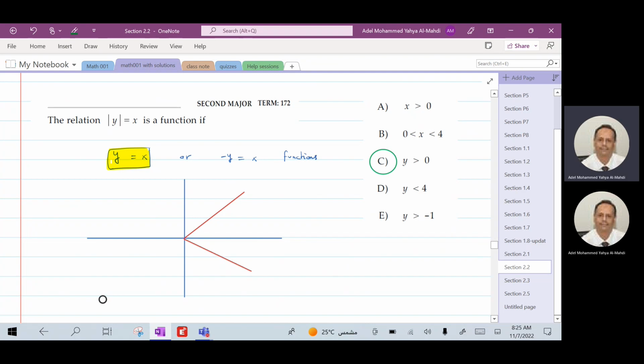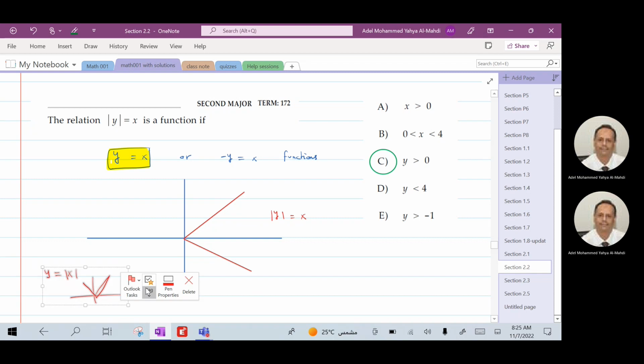So this is |y| = x. And you know that the other one, if you have y = |x|, is like this. Okay, it is a function. That one is a function.